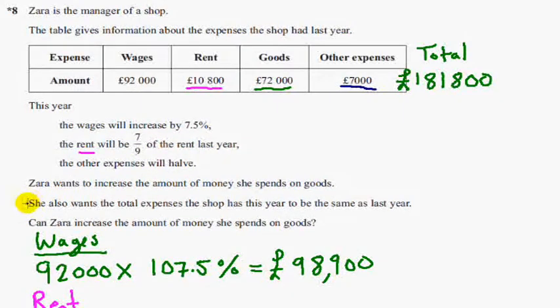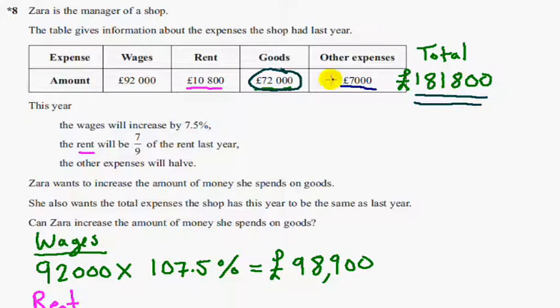So Zara wants to increase the money she spends on goods, so she wants to increase the £72,000. Remember, the total money she spends has to be the same as last year, which is 181,800. Can she do it?